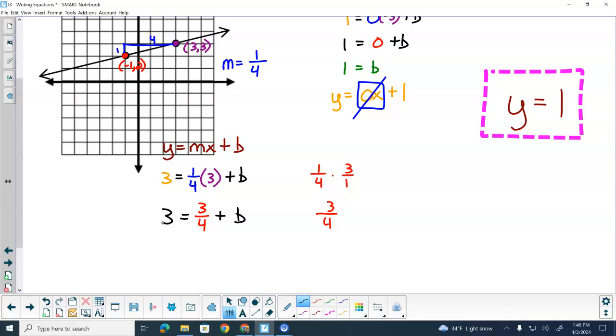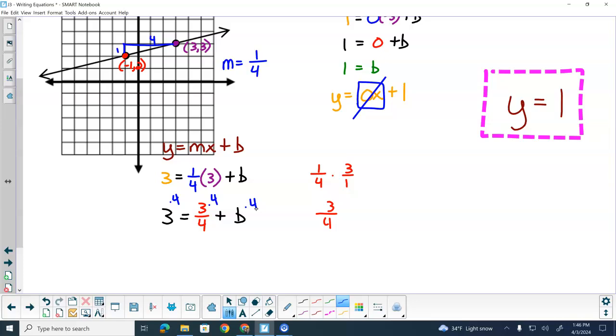Yep, so that's the denominator, right? That's our downstairs number. So we're going to multiply everything here by 4. So I'm going to multiply this 3 by 4, that 3/4 by 4, and then multiply this b by 4. Okay?